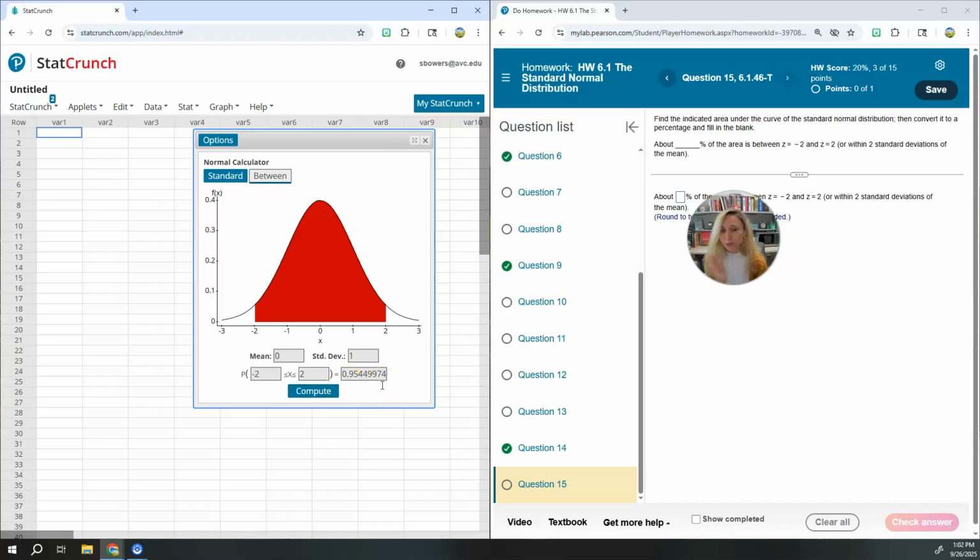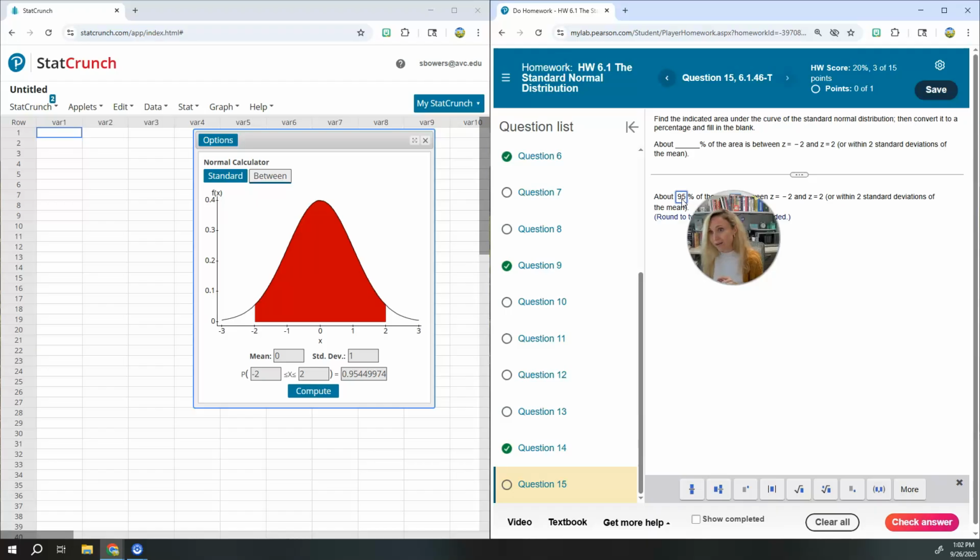The area between these two values, rounded to 2 decimals, is 0.95. We need to write it as a percentage. To convert decimal to percent, multiply by 100, which means moving the decimal point 2 places to the right, 95. We need to round to 2 decimal places, 95.45.